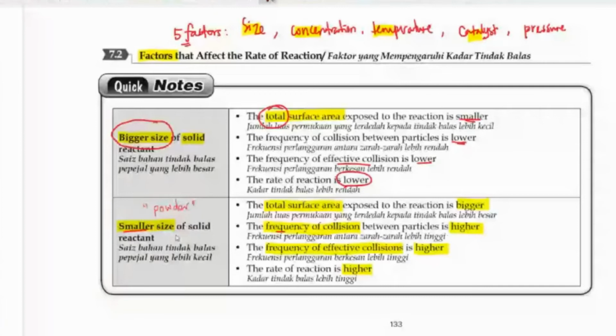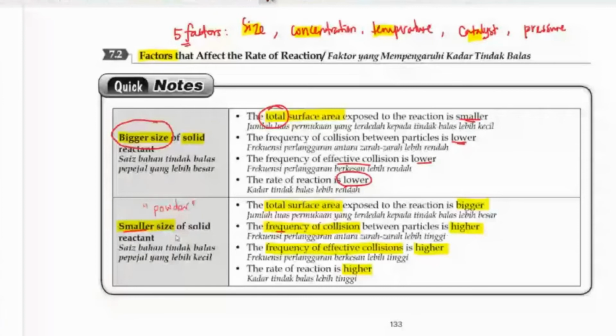Now we look into this example, the pattern of the question. Here, calcium carbonate granules react with hydrochloric acid, using the water displacement method. There are 2 sets, set 1 and set 2.